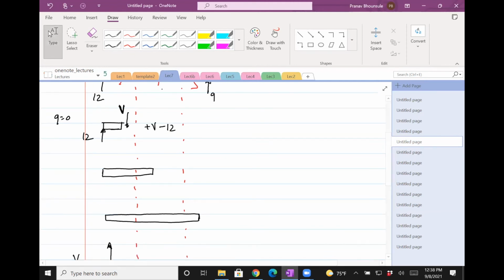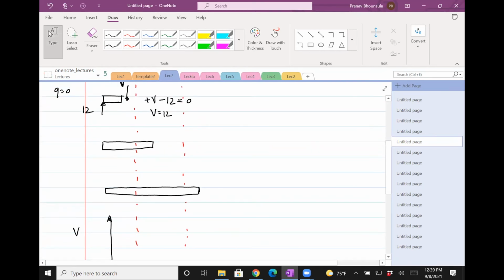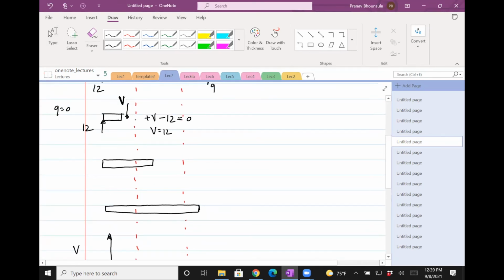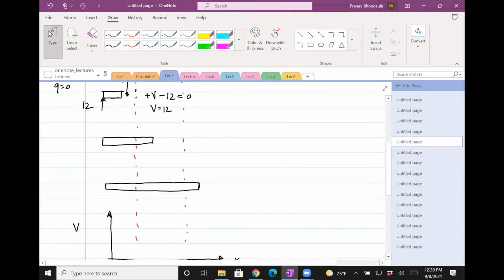So V minus 12 equals 0. Then V equals 12, which means that from the left up to the first red dashed line, the shear force is going to be positive 12. So I just need to draw it here.